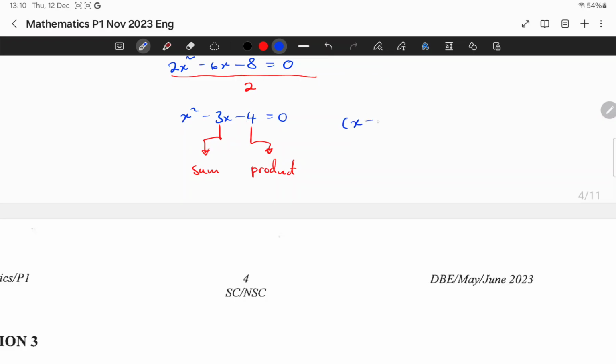So (x minus 4)(x plus 1) is equal to 0. X is therefore equal to 4, or x is equal to negative 1. So that gives us our x values.